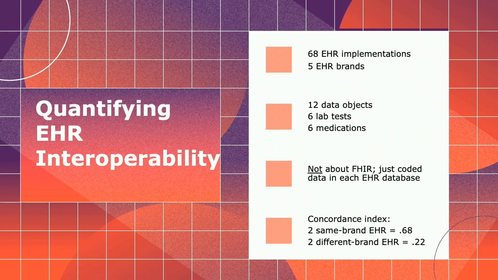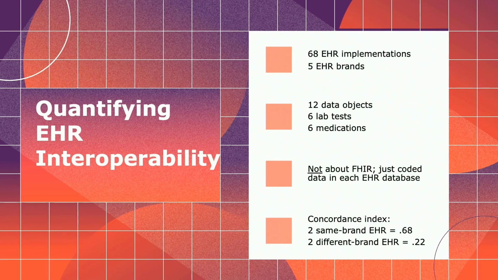And what they found for those 12 items, just 12, the correspondence index for those 12 items, if the 2 EHRs were the same brand, was 0.68, just for 12 simple things. And this is raw data, no FHIR here, just the data that's in the EHR.